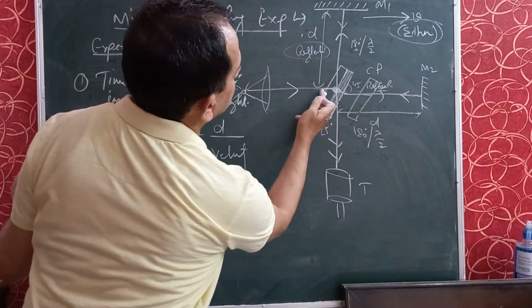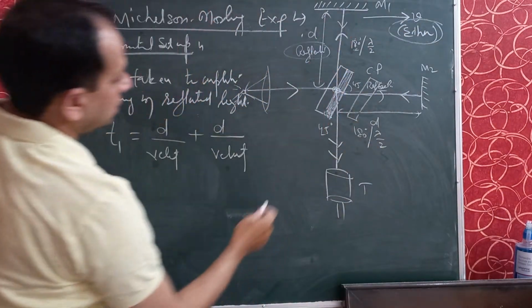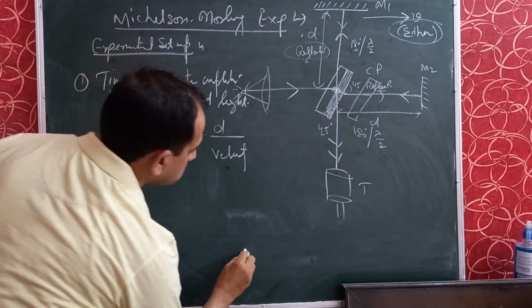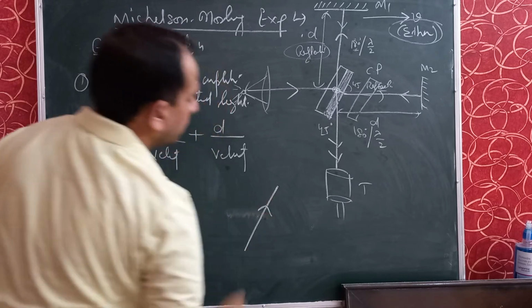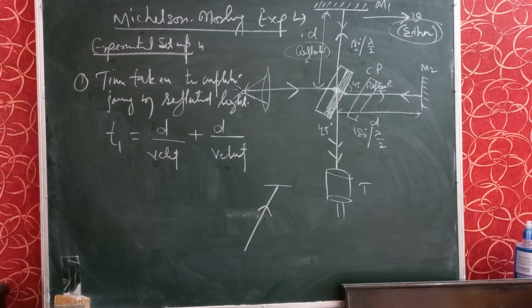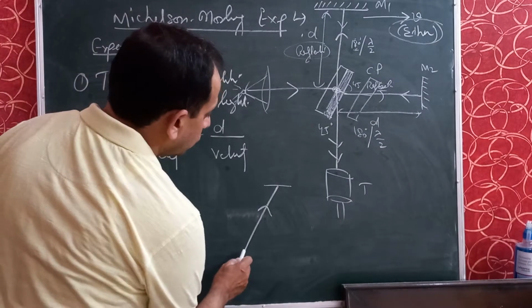So, when light moves from this point to this point and the velocity of ether is also there, it means the light will travel this path actually. If the velocity of ether affects the motion of the light, then light will move toward this side.